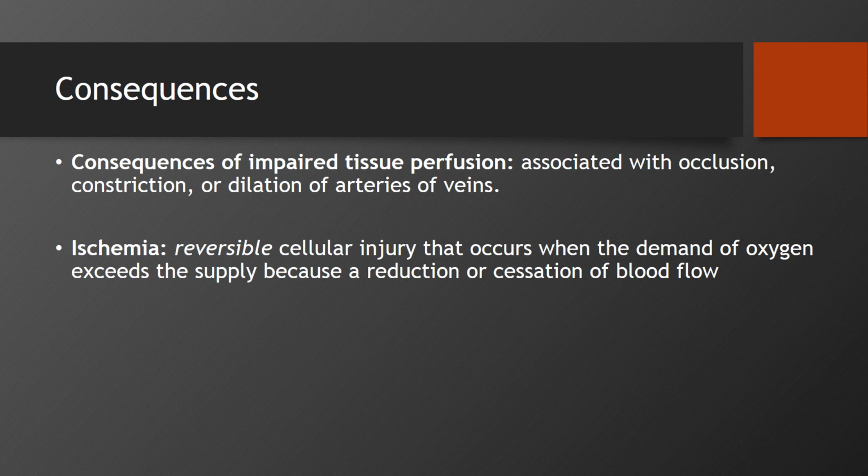If your vessels are constricted and you have increased systemic vascular resistance because all your peripheral vessels are constricted, that's going to put a little bit harder work on your heart to perfuse optimally. And also dilation of arteries and veins can alter your perfusion as well.